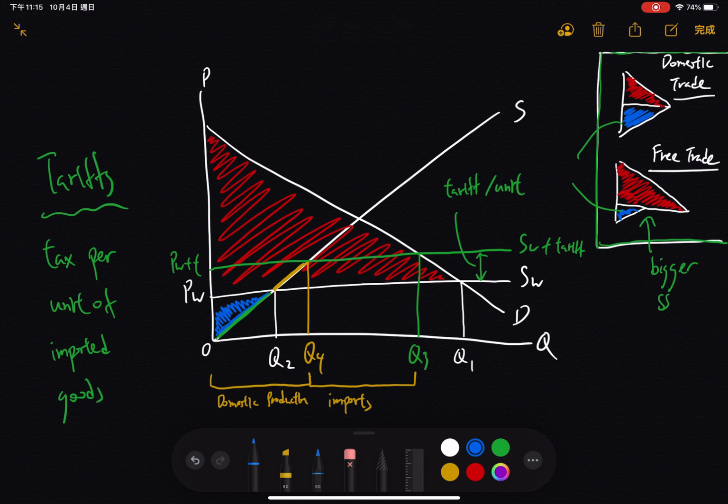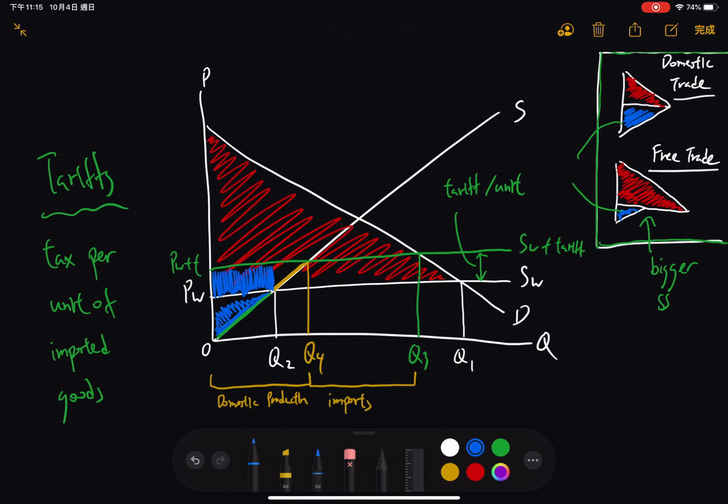So for the original survivors, the domestic producers, their benefits will be increased by this much, up to Q2 right here.